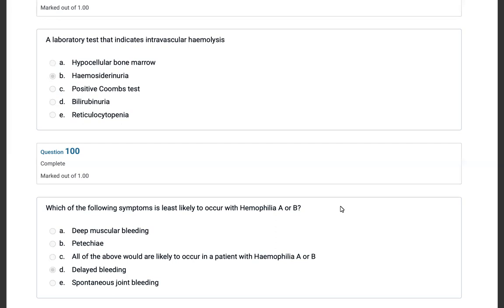For intravascular, you want to see something happening within your urine, because it has a way to reach the kidneys through blood, and the kidney is a major place where you're filtering your blood. But for extravascular, since it's not present within your blood vessels, you're going to have it within other organs, commonly the liver and the spleen, and hence you're going to have hepatosplenomegaly. So a good test that indicates an intravascular hemolysis is going to be hemosiderinuria.